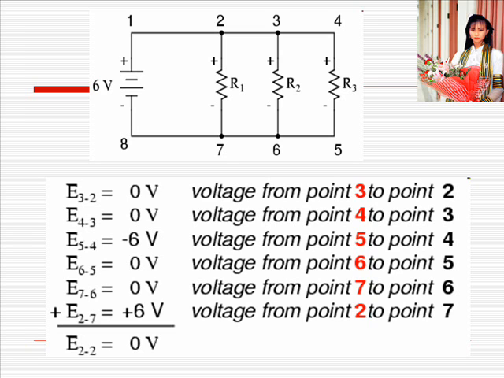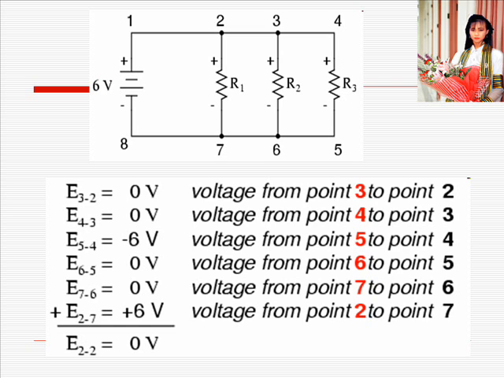Kirchhoff's voltage law will work for any circuit configuration at all, not just simple series. Note how it works for this parallel circuit. Being a parallel circuit, the voltage across every resistor is the same as the supply voltage, 6 volts.